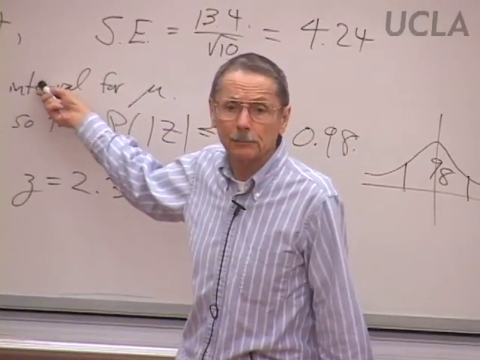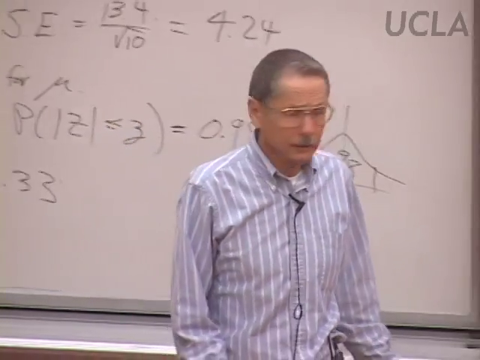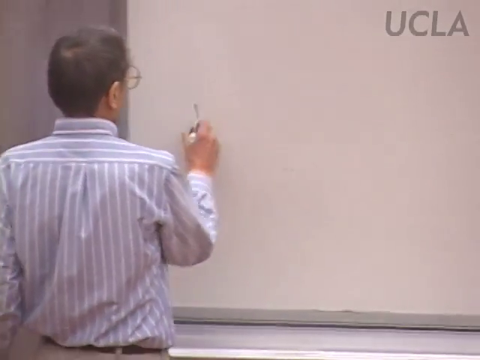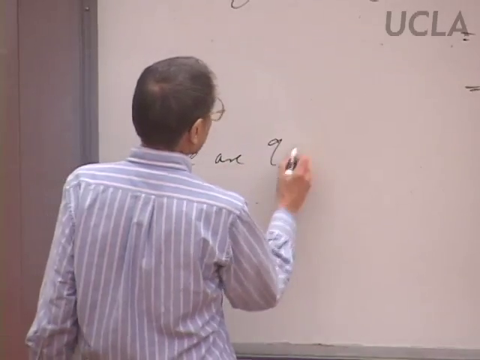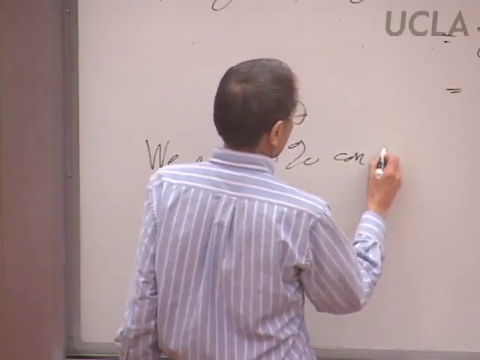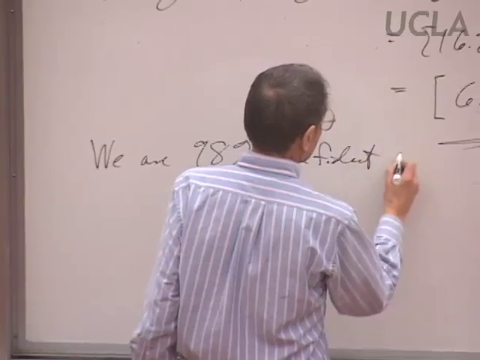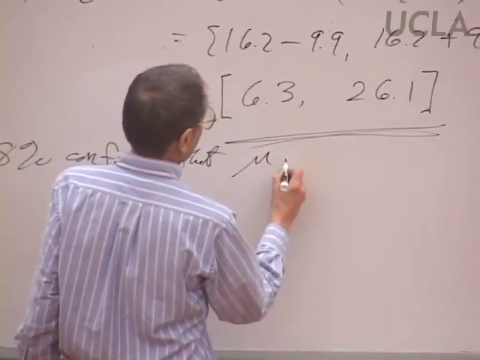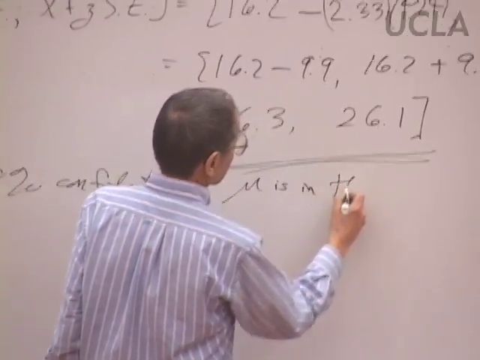This is our 98% confidence interval for the mean. That is, we're 98% confident that mu is in this interval.